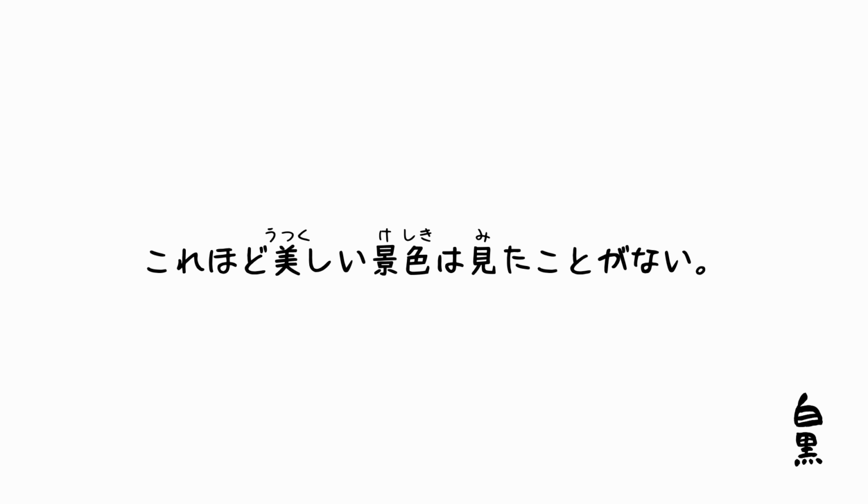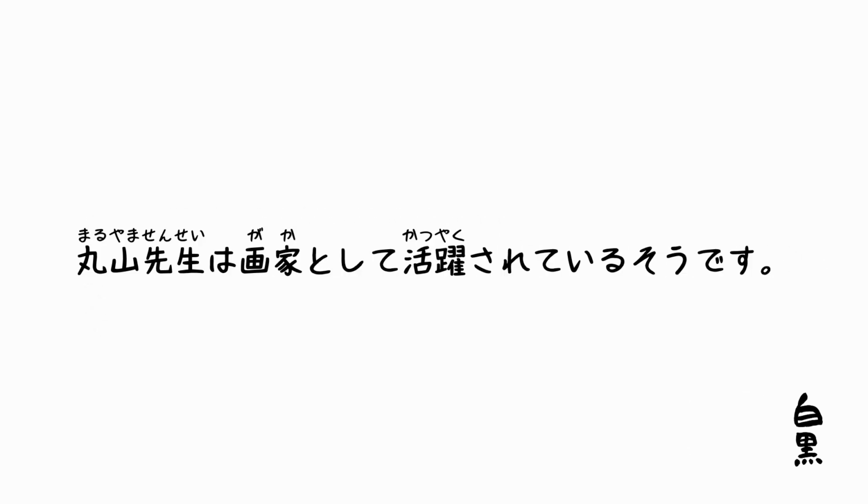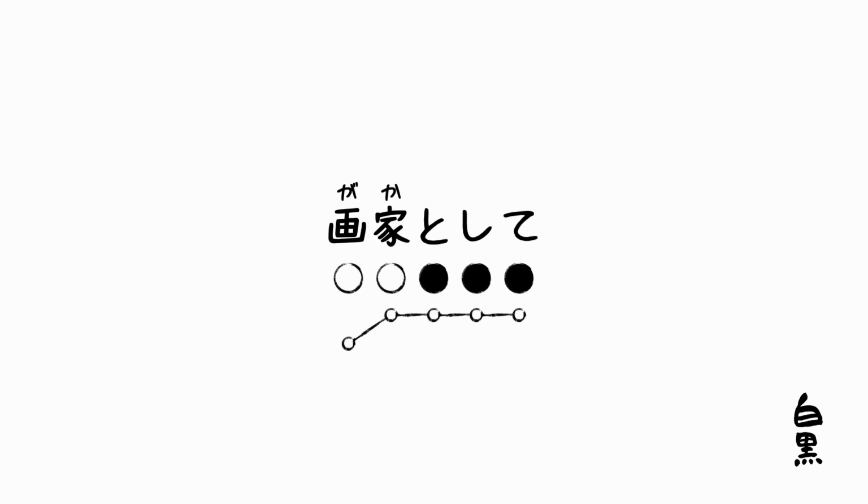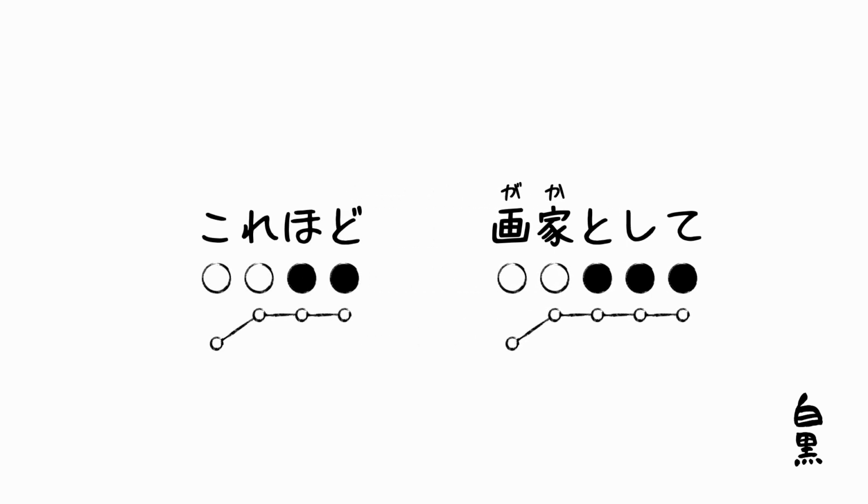For example, これほど美しい景色は見たことがない。これほど。Another example, 丸山先生は画家として活躍されているそうです。画家として。In such cases, the more important thing is to make sure the dependent word itself doesn't have a falling pitch. For example, don't read it as ほど or として.